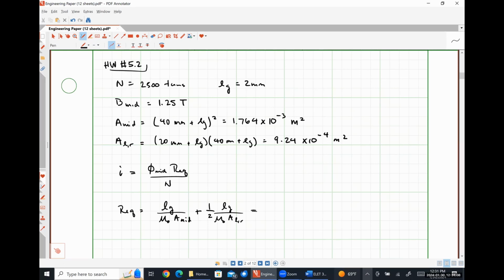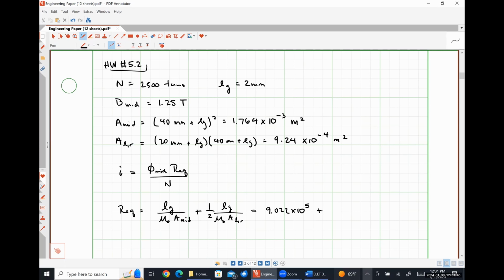And then I have my middle, so that's 1.764 times 10 to the minus 3, and that's in meters squared. And there are 100 centimeters per meter, so I'm going to have to multiply by 100 squared. And so that looks to me like 9.022 times 10 to the 5.